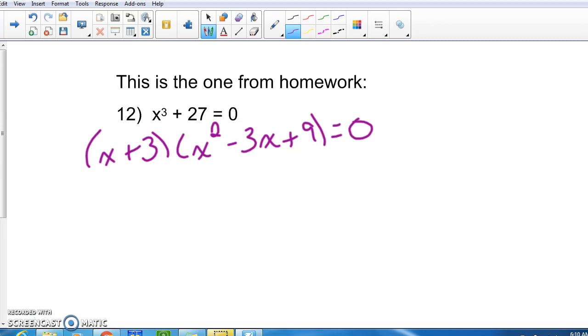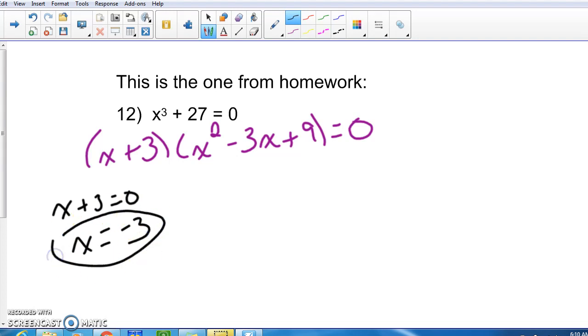So from this point, we're solving. Solving the first set just requires subtracting 3. So one of my solutions is at negative 3. Solving the second set will be a little bit more involved. But again, one of the things I told you before Christmas is that factoring and the quadratic formula were going to be something we'd need a lot throughout this year, and it just is true.